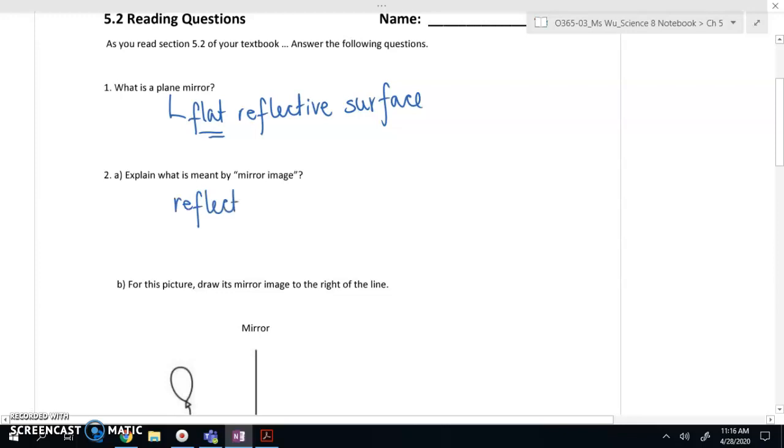Reflected duplication. That's a good word. So it's a duplicate, like identical, but it's backwards, right? So how do we say that? Reverse direction. There we go. I think that's a good way to describe that.